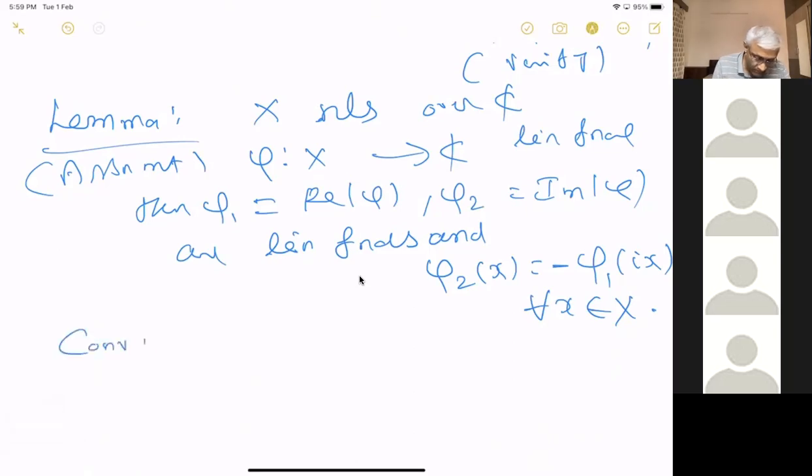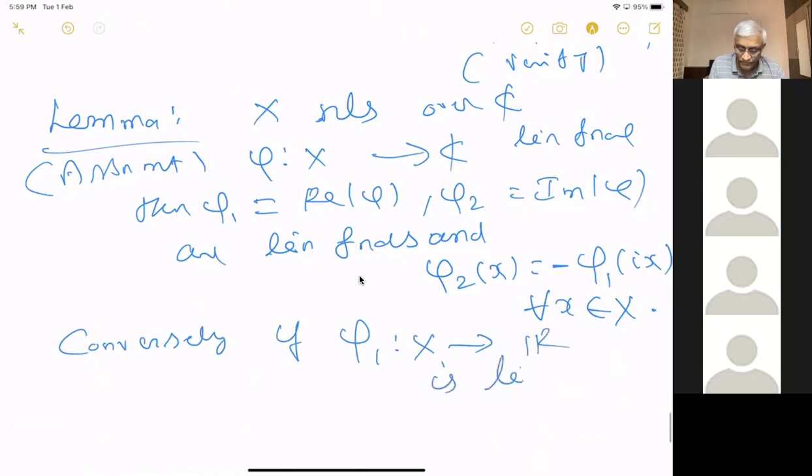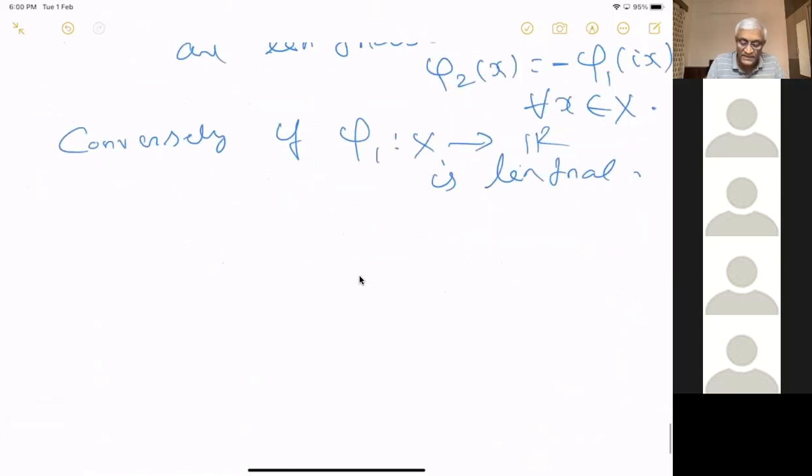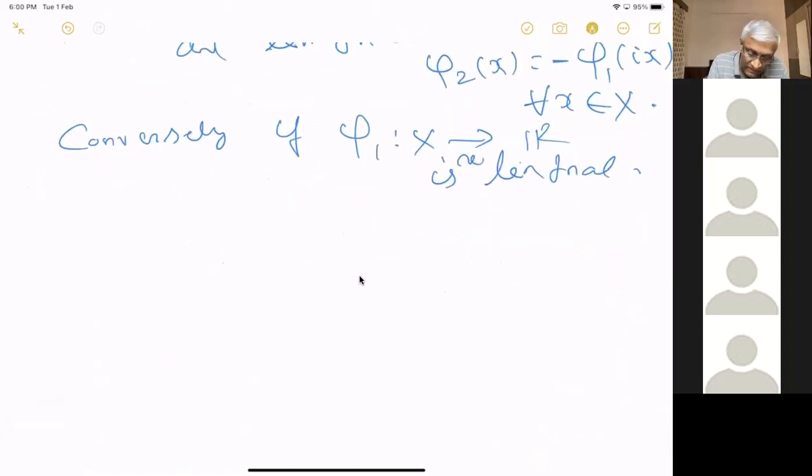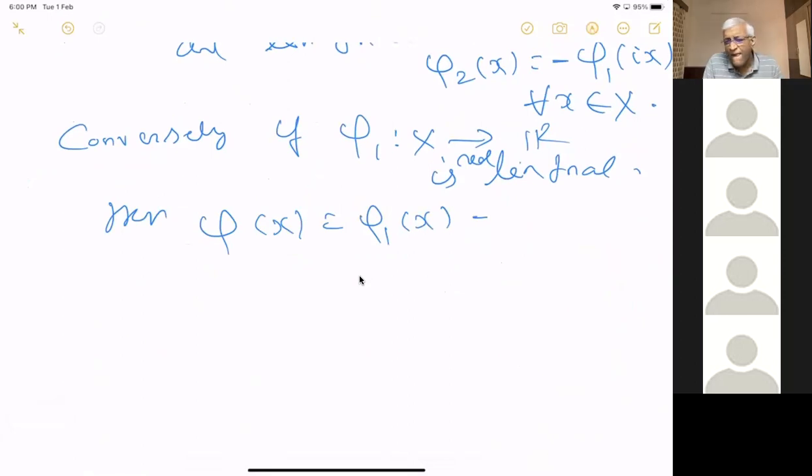Conversely, if phi1 from X to R is a real linear functional, where the space X is a complex vector space but we are still assuming it's just a real linear functional, then phi of x equals phi1 of x minus i times phi1 of ix.